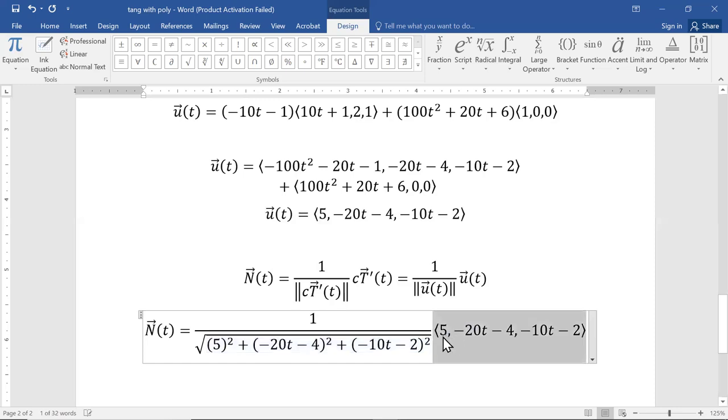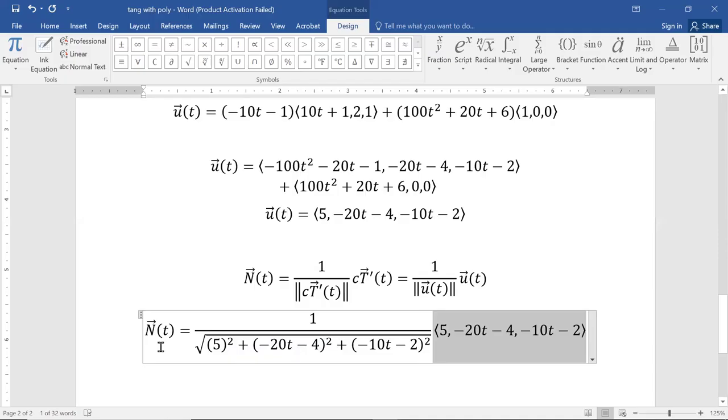And if I just look at 5, negative 20t minus 4, negative 10t minus 2, that gives me a direction that I can use. And then we scale it and make it length 1.